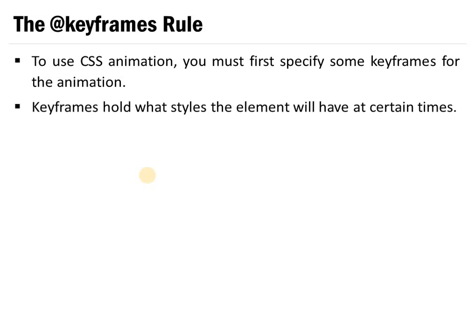These keyframes hold what style the element will have at a certain time. Whatever you write in your keyframes is the actual animation that you are going to apply to that particular HTML element. For example, if you want your element to jump or move in a wavy form, or change its background color.